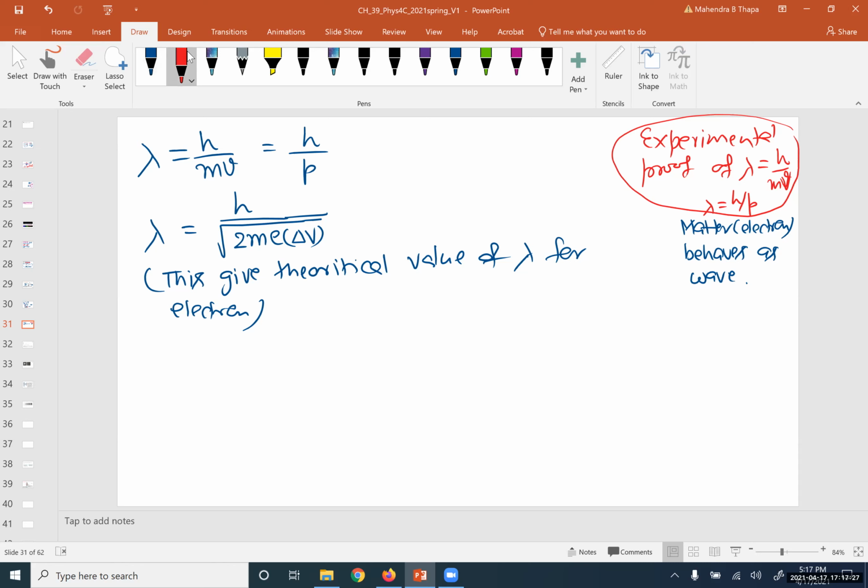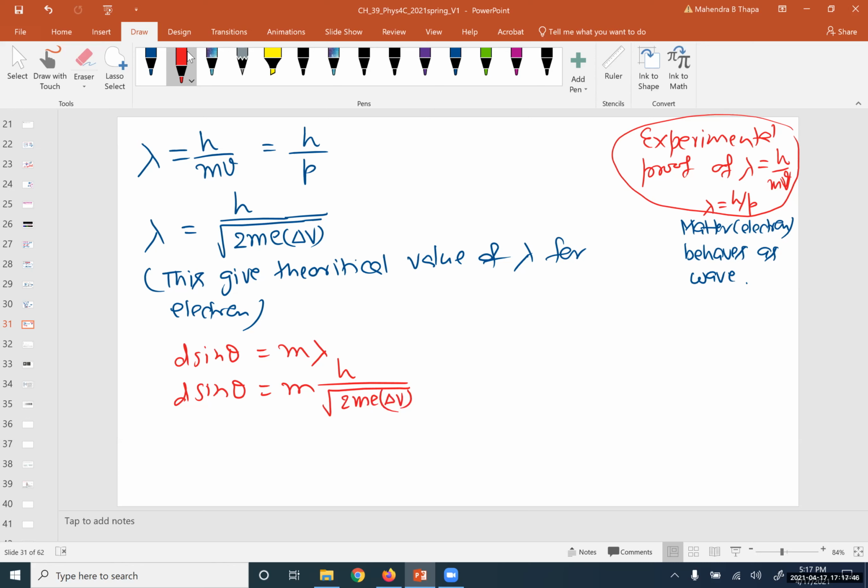If this is the case of diffraction, we can write d sine theta equals m lambda. Then d sine theta equals m times h over the square root of 2m e delta V.